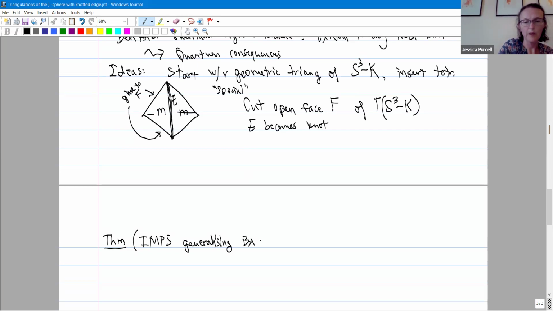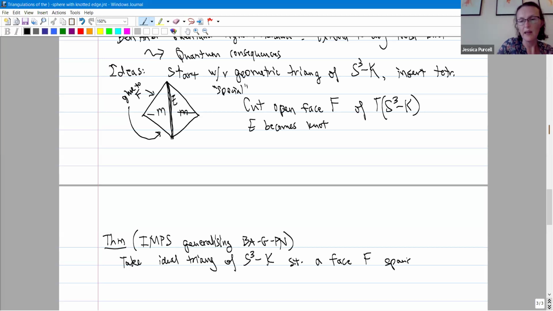This is the Benedetti, Garoufalidis, and Nakazawa construction. You need a triangulation so that this face F spans a slope. So this is an ideal triangulation, and a face F spans a meridian.